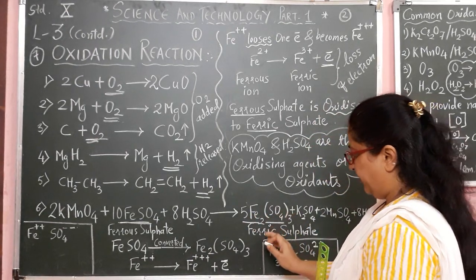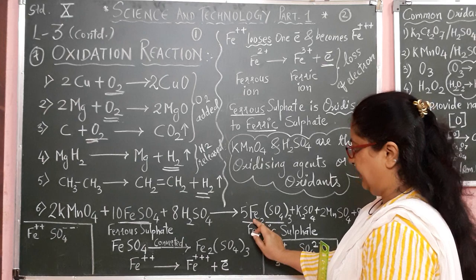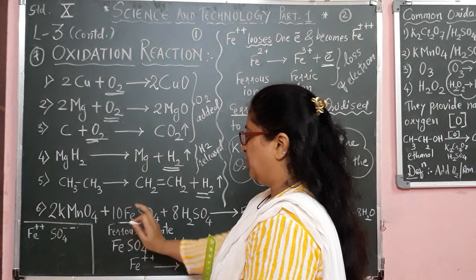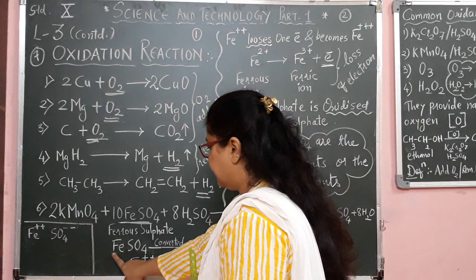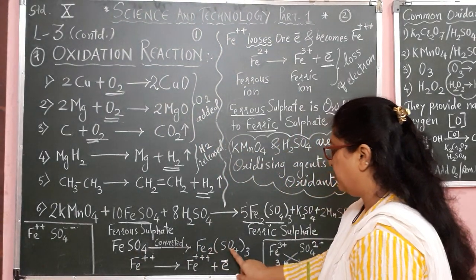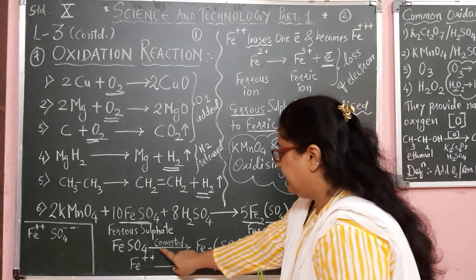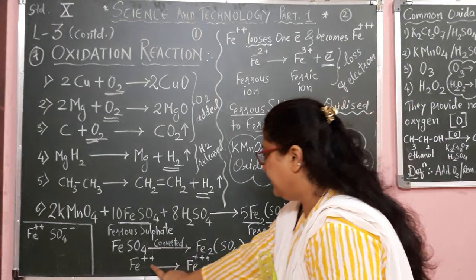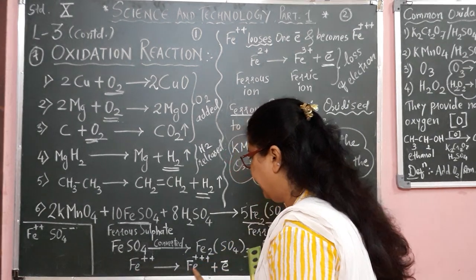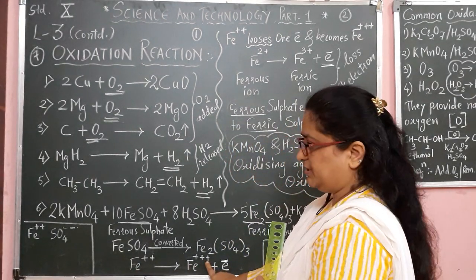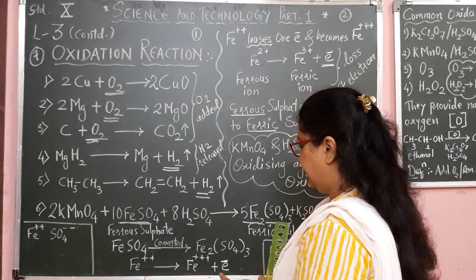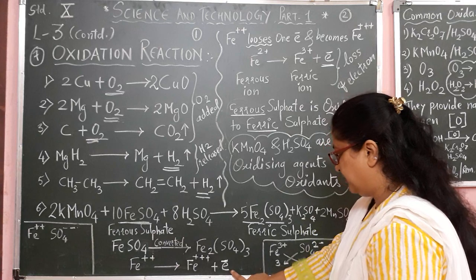In ferric sulfate, the valency of Fe ion is 3 and in ferrous it is 2. So in this conversion of FeSO4 to Fe2(SO4)3, one electron is lost by Fe, so it gets one additional positive charge and becomes Fe3+ with release of one electron.